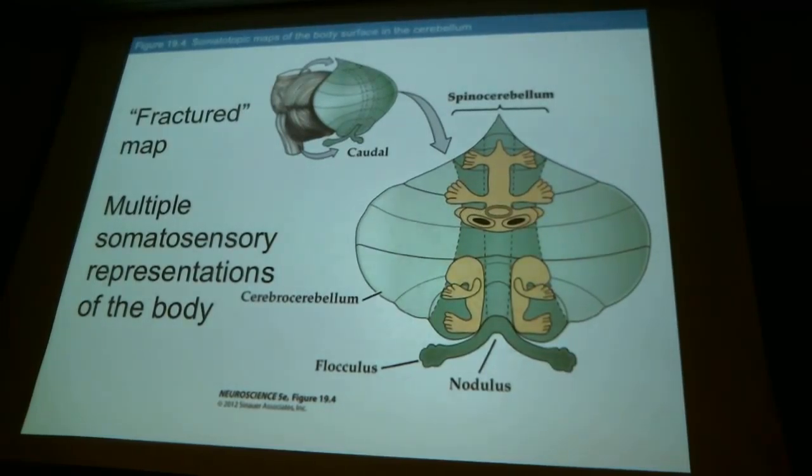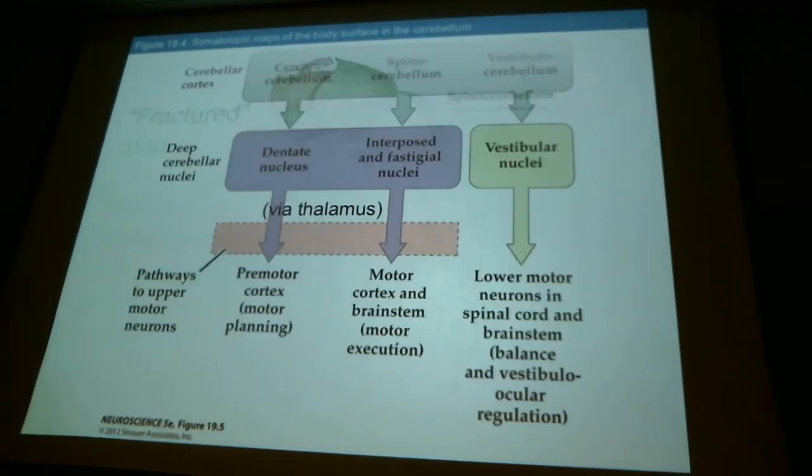But it's a fractured map. You actually have multiple maps in different spots. It not only gets somatosensory input, it gets some other input. We talked about vestibular and proprioceptive. I can give you firsthand evidence that you can also get auditory inputs, so it really gets a mishmash of different inputs.